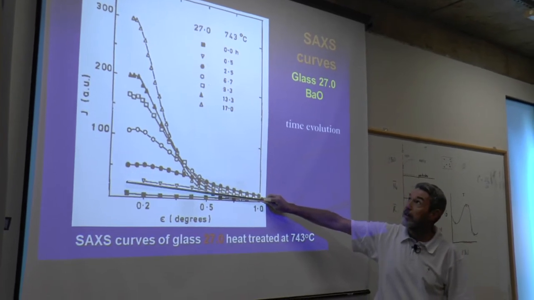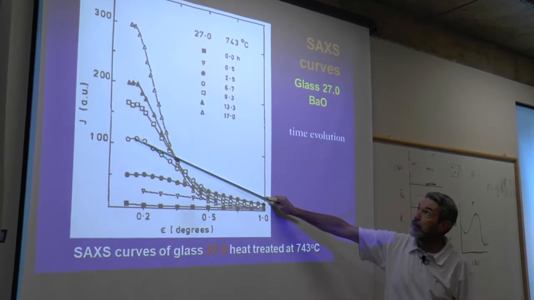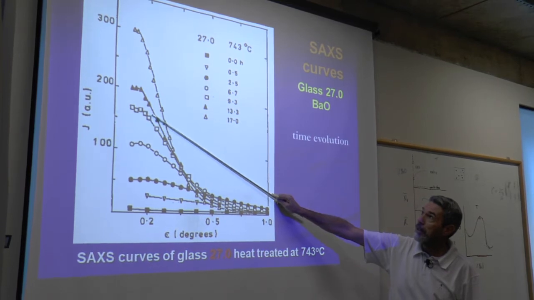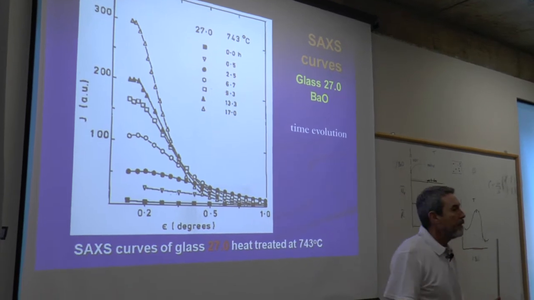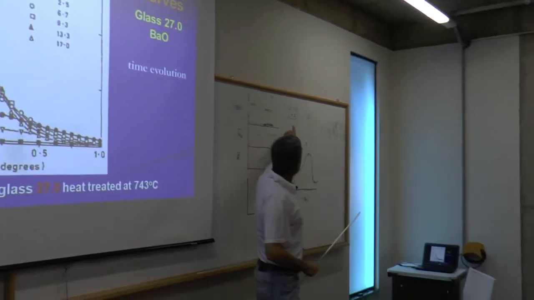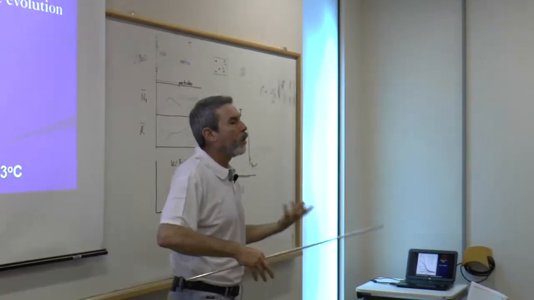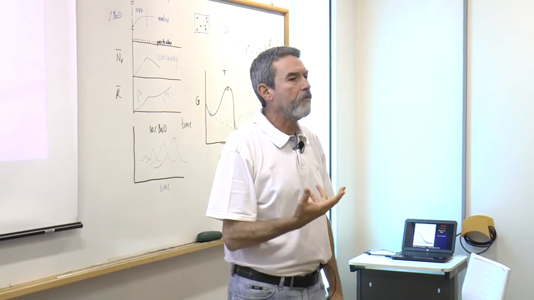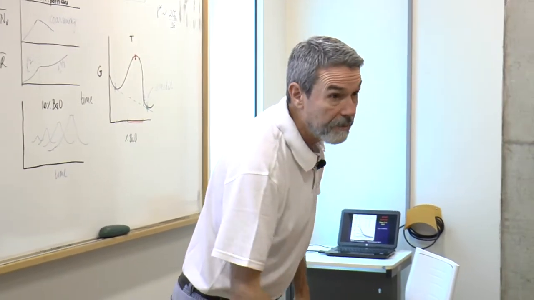And then half an hour, 2.5 hours, 6 hours, 9 hours, 13 hours, 17 hours. See that the intensity of the scattering was increasing because the number and size of these particles were increasing. And then there are laws which allow us, from the shape and the areas of these curves, to get information like the size of these particles and several other types of information.